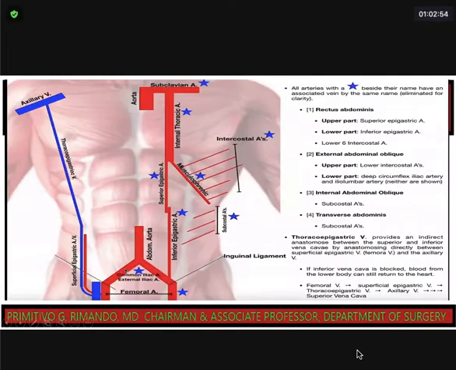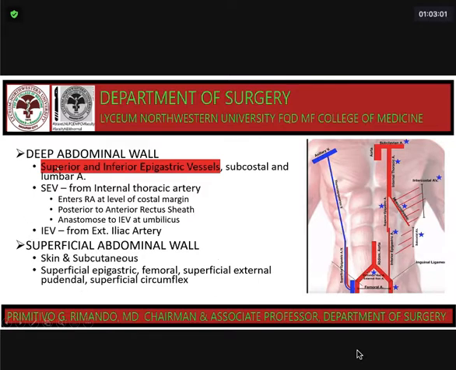How about the blood supply of your abdominal wall? We have deep abdominal wall blood supply, and the major blood vessels are your superior and inferior epigastric vessels. Your subcostal and lumbar arteries and veins are also there, but they only give minor support to your anterior abdominal wall.